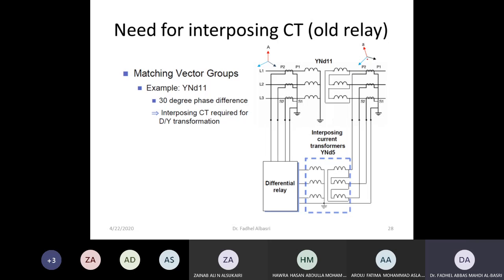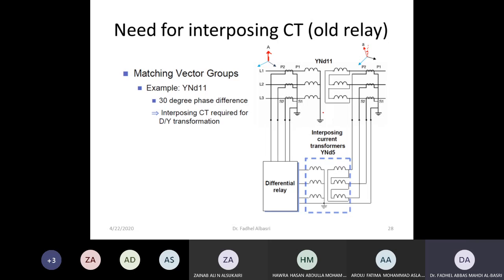Now, if there's a phase shift, let's say the current at the HV side is this here, and the LV side is shifted leading. So this is leading IA at the HV side by 30 degrees, for example.